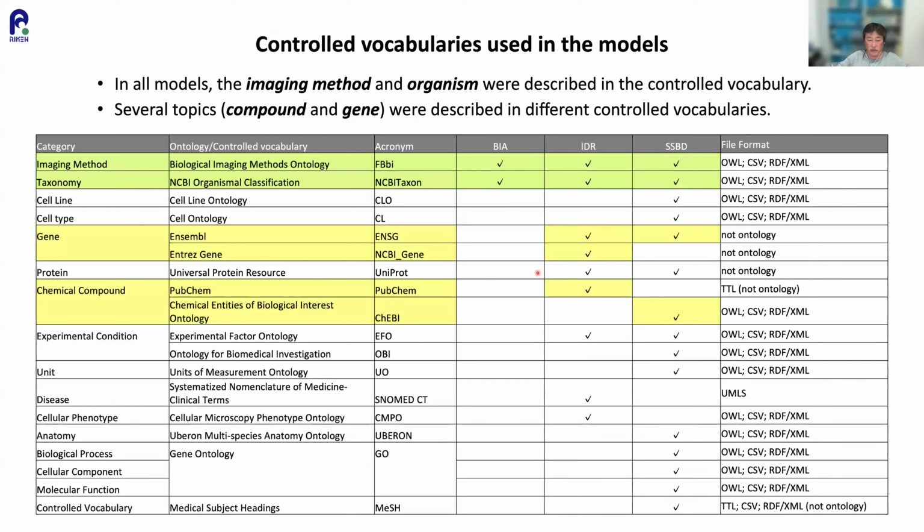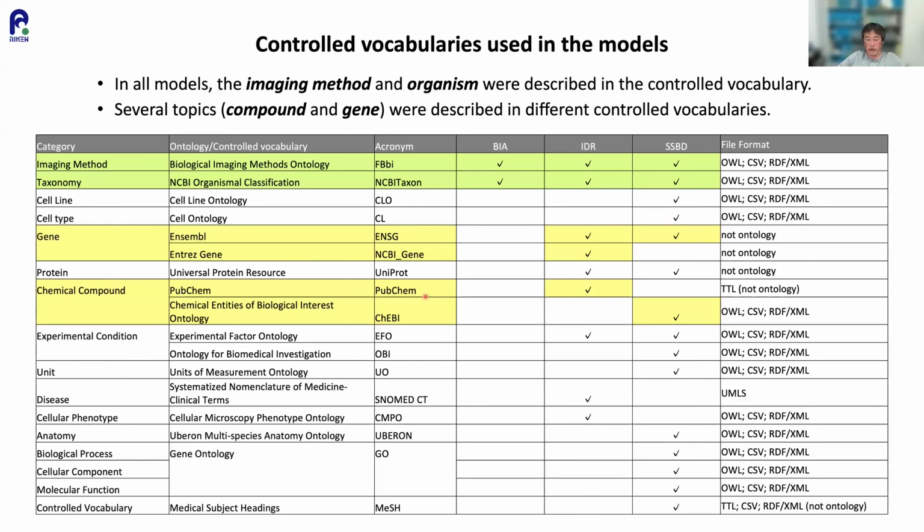We found that only two categories of metadata, imaging method and taxonomy, use controlled vocabulary in all three repositories. There are many other components where only some of the databases use controlled vocabulary, but the others use just free words.